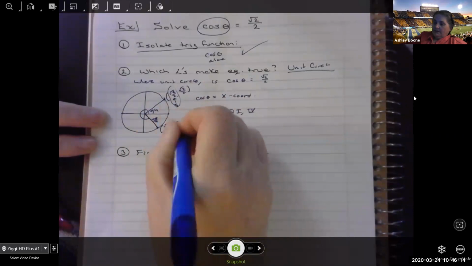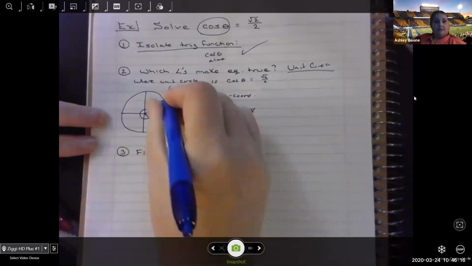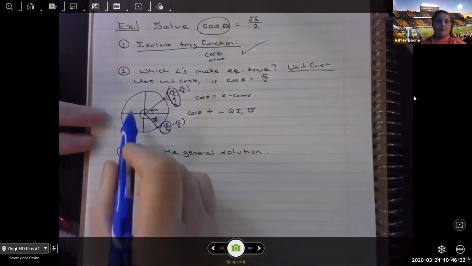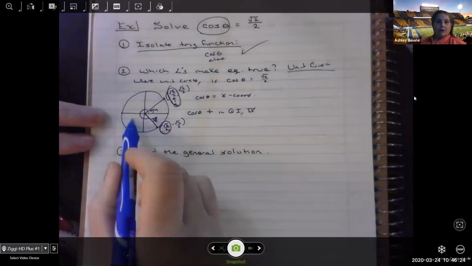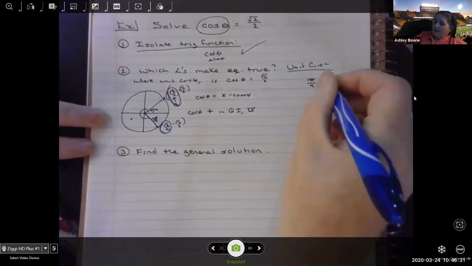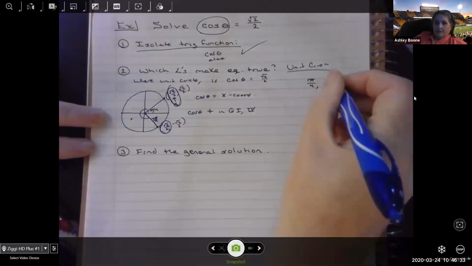Notice both of these have a positive square root of 2 over 2 for the x. Cosine's negative over here, so there's no angle in quadrants 2 or 3 that'll work. So the angles that make the equation true are pi over 4 and 7 pi over 4.